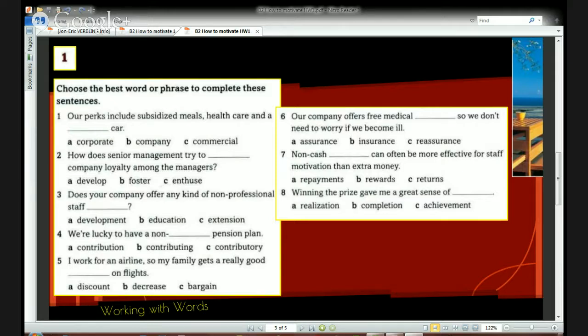So either it's used more in British English than American English, or we're just so used to saying the word perk that we've kind of forgotten where it came from. Because if I look it up, it says the origin is from Latin, meaning acquisition.